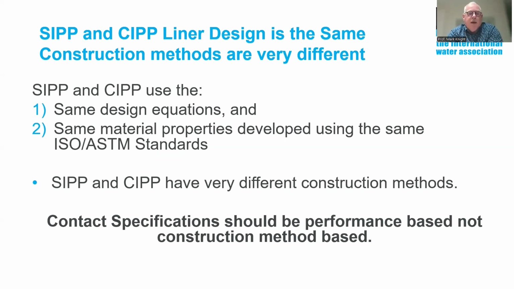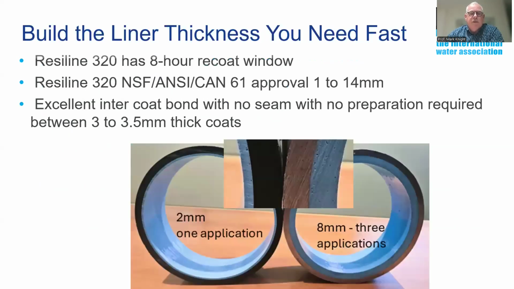We can just apply multiple coats on those applications. In North America, most of our contract specifications are construction-based and not performance-based. If you really want to use SIPP, then you should really use performance-based specifications on that application.